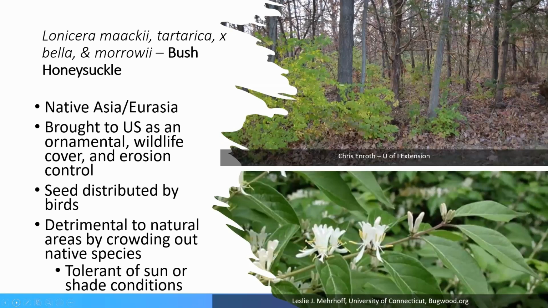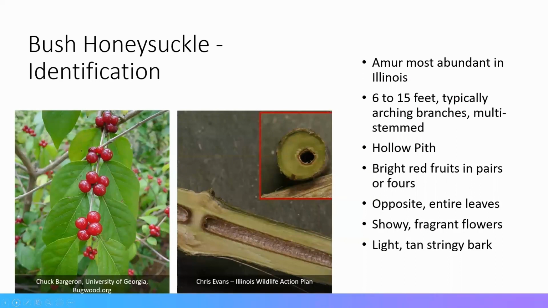This is really true for a lot of these non-native species that we're seeing spread out and invade our natural areas: they still have that internal time clock of where they originally came from on the other side of the planet. But when it comes to identification, if it's late fall and this is still green and all the trees have dropped their leaves, it's probably a bush honeysuckle or potentially another non-native. But there are other ways to help us identify that.